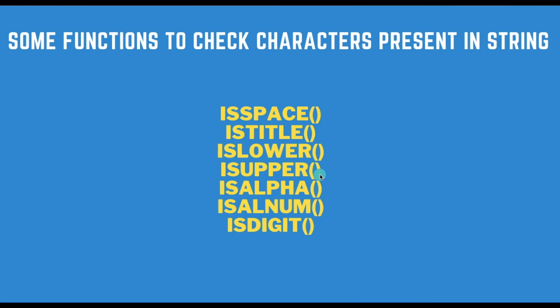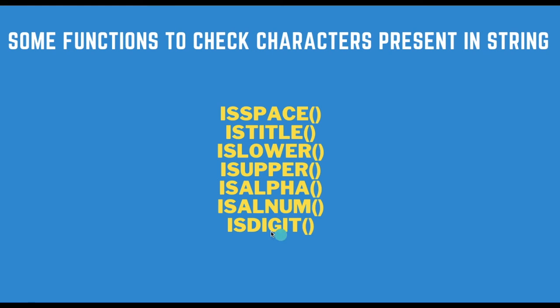Now the next one is islower and isupper. I guess you already know about islower and isupper. You have to check whether lower case is present in the string or not, upper case is present in the string or not. So isalpha checks that all present characters should be alphabets, like A to Z only.